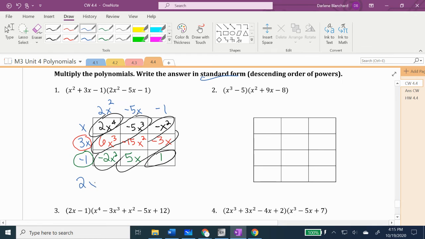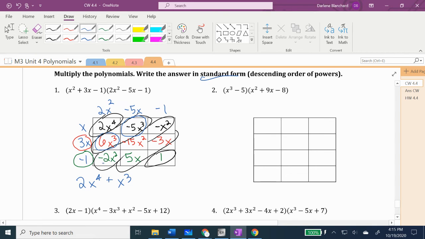I'm starting with 2x to the 4th, and then when I add these two together, I have +6 minus 5 of the x cubes. That gives me +1 of the x cubes.